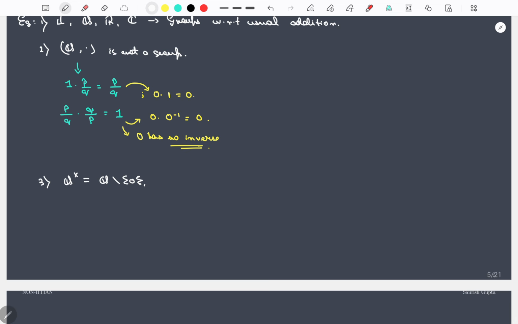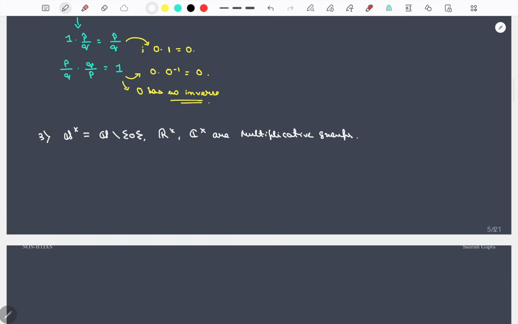So Q cross, R cross, C cross are multiplicative groups, and this is a nice exercise to enhance your understanding of the definition of a group.